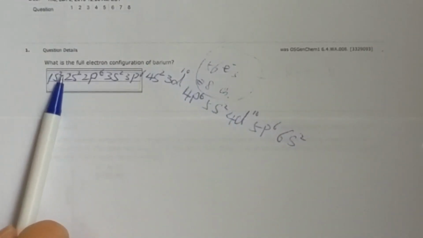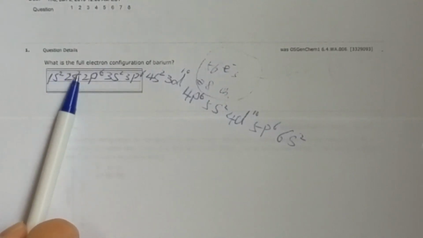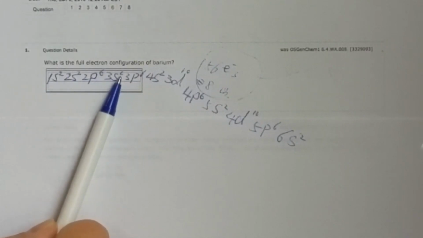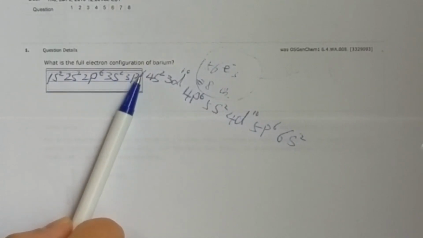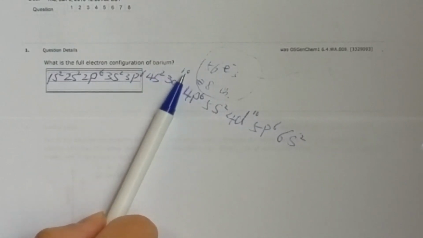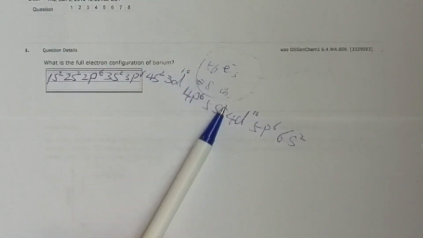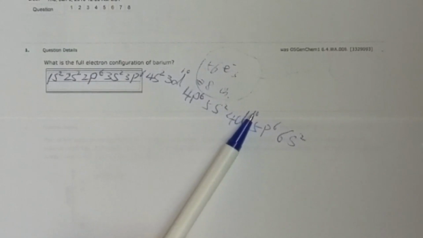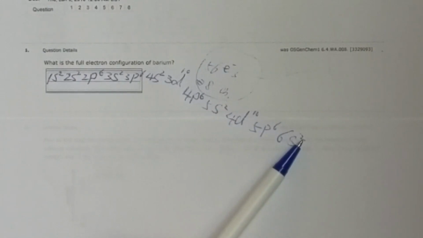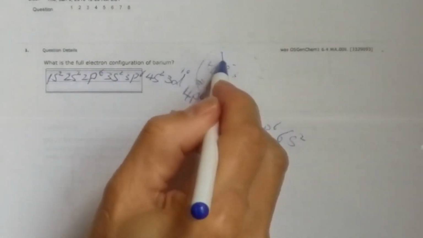We have 2 plus 2, that's 4, plus 6, that's 10, 12, plus 6, 18, plus 2, 20, 30, 36, 38, 48, 54, 56. Bingo. That's how you work on this one.